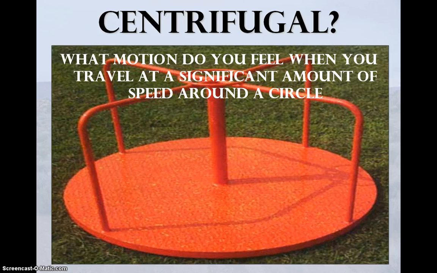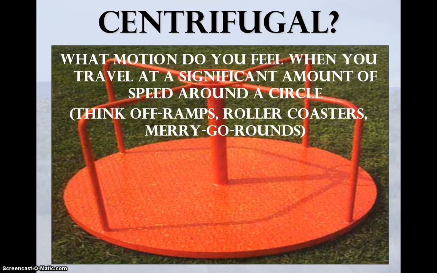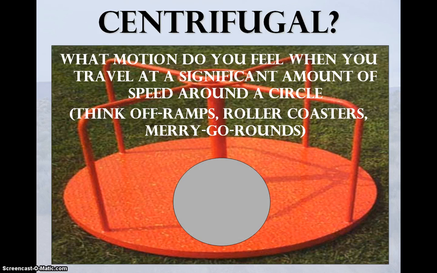So really what it is, it's the feeling that you want to travel out when you're spinning around in a circle. Okay, so think of when you're going around an off-ramp, or when you're turning on a roller coaster, or on a merry-go-round and you want to fly off. Okay? So your brain sort of tells you that you want to fly to the right, right?